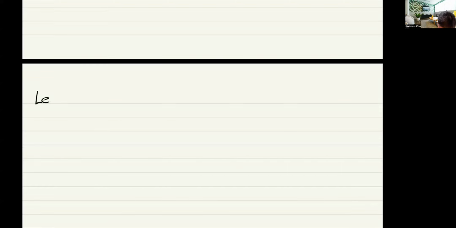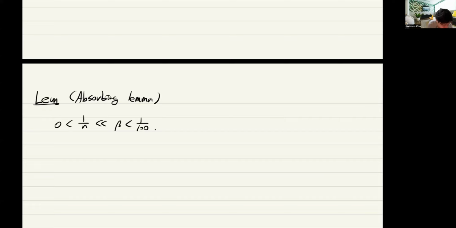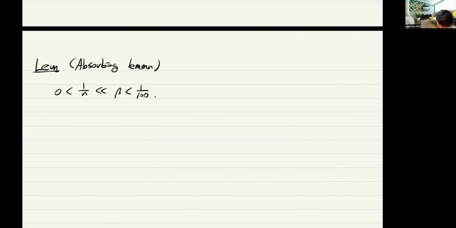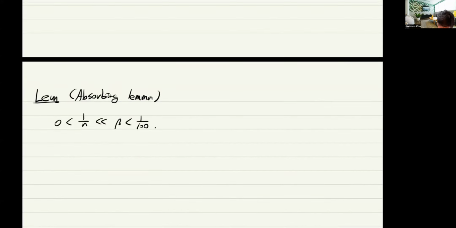So we have proved the connection lemma, and now we want to prove the absorbing lemma. Let's try this way. Suppose beta is more than 1/100, and n is sufficiently large.